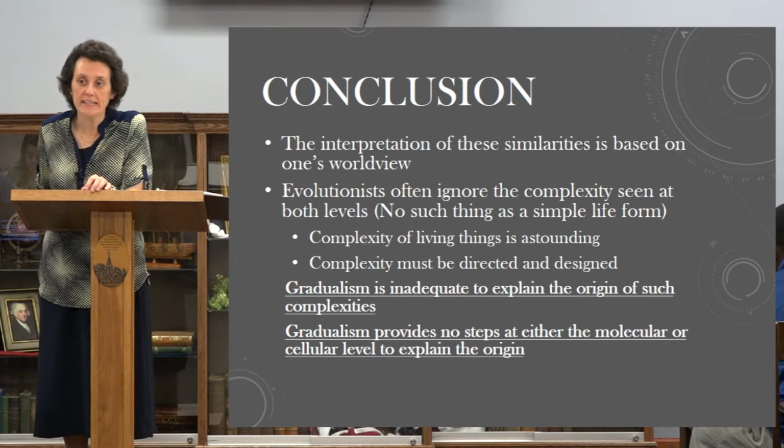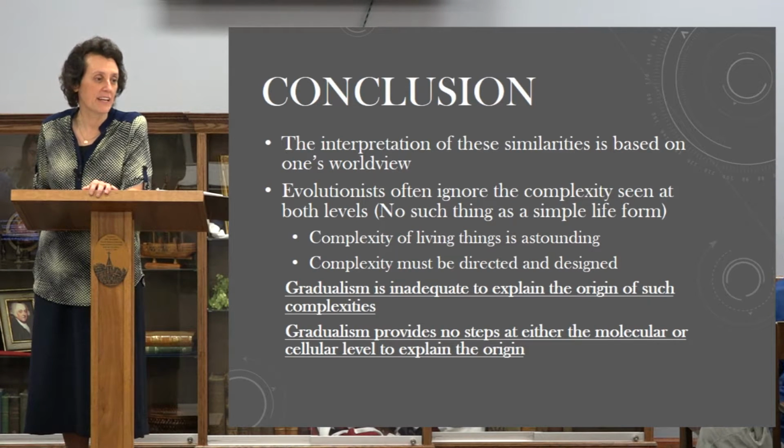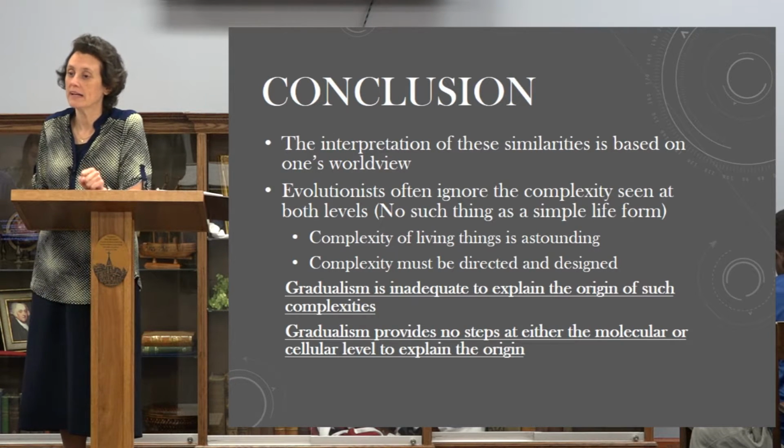How did life begin? What's the evolutionary answer? What did we call it? Biochemical roulette. Does that idea fit with the complexity of life? It doesn't. It doesn't fit. Life is astoundingly complex, and gradualism does not provide the mechanisms.